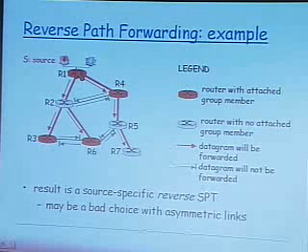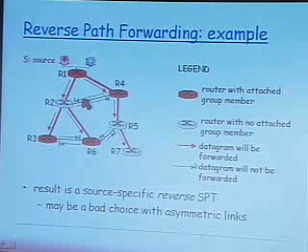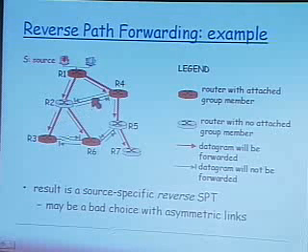So according to the rule, it's going to flood this packet on all its outgoing links. Okay. Now routers R2 and R4 get this packet on this link, and they notice that this packet has come on the shortest path back to the source. So according to this rule, they flood the packet again on all the outgoing links.